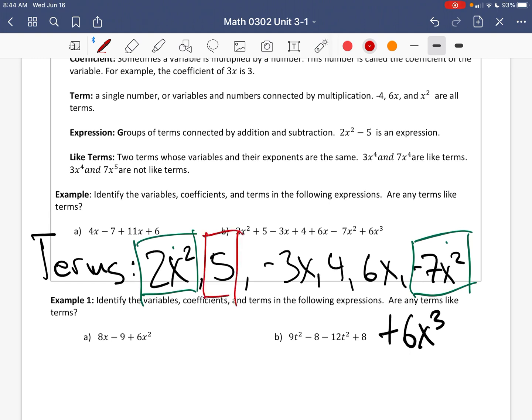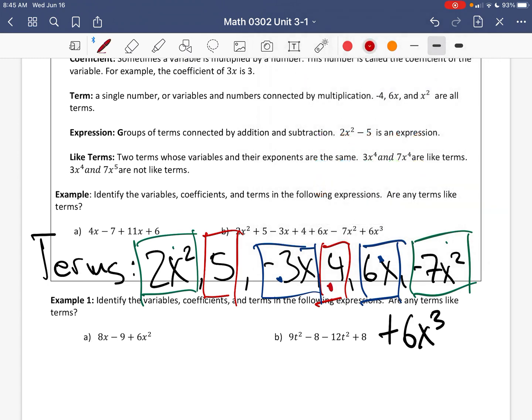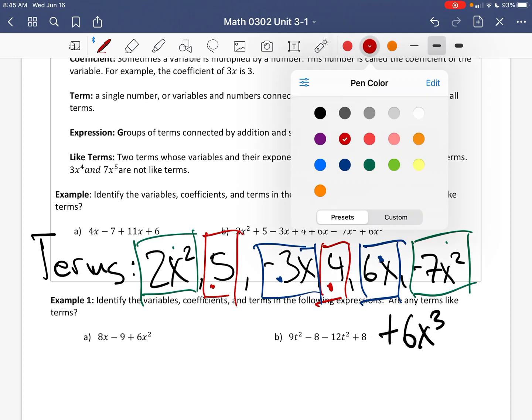Let's go for another one. The number 5. I want to go through the list and see if I can identify another number term by itself, with no variable x. That's going to be the positive 4. Then let's move to the minus 3x, and we're looking for a term that involves a variable x raised to the 1 by itself, and that's the 6 times x. So this term is like this one, and the 4 is like the 5.